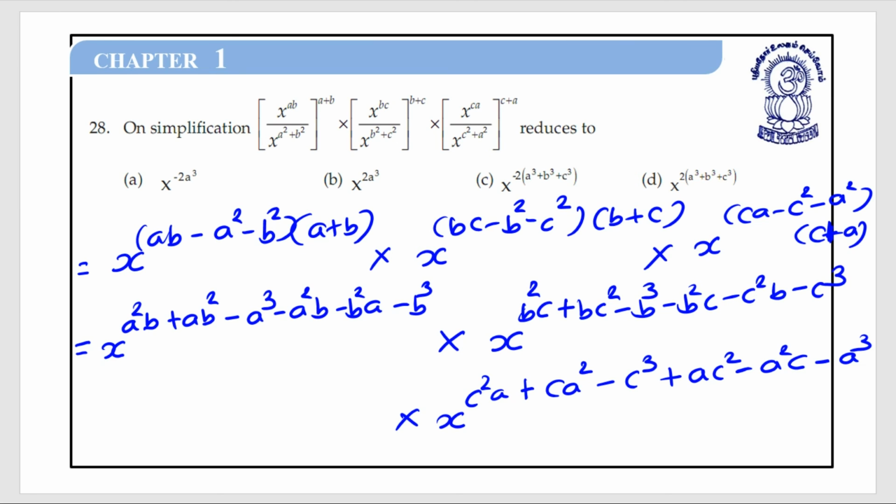Okay, a square c minus a square c cancel, ab square minus ab square, a square b minus a square b cancel, minus plus minus, this becomes minus. Okay, so cancel.